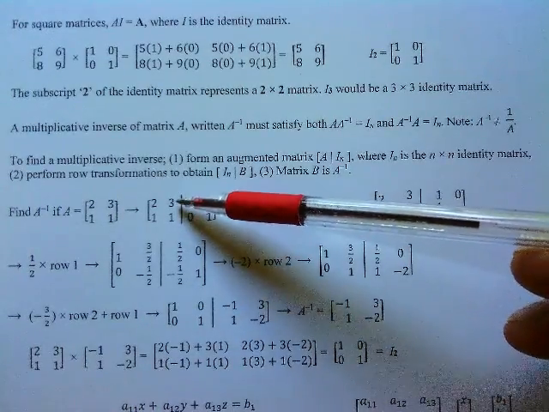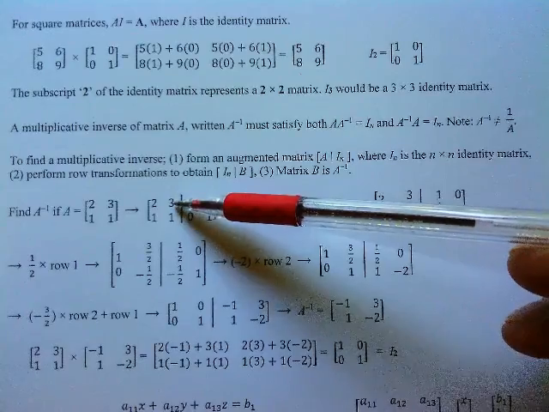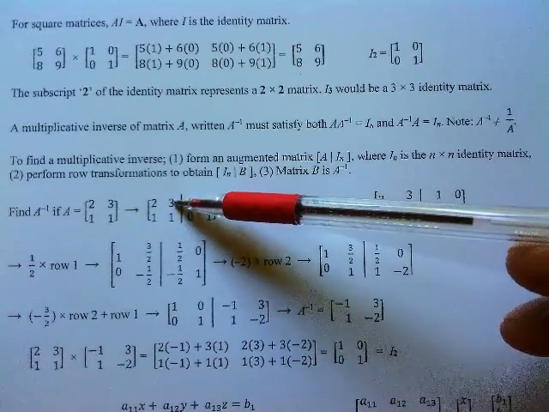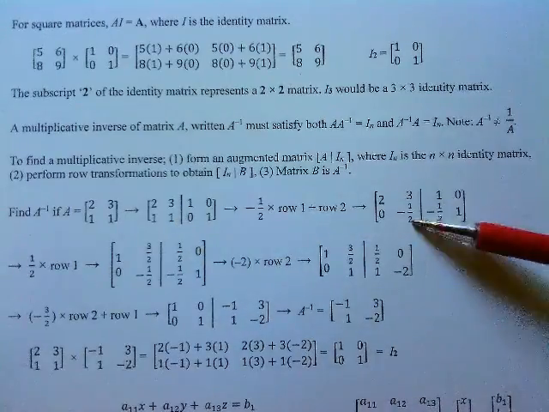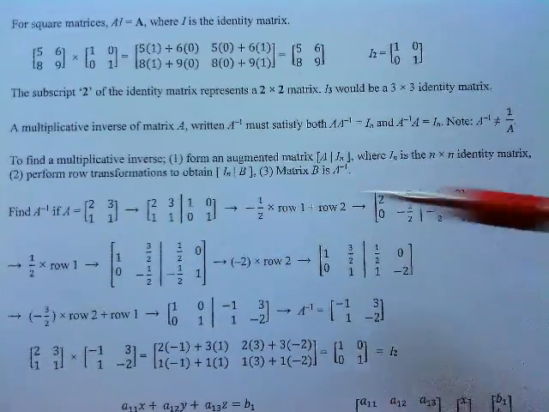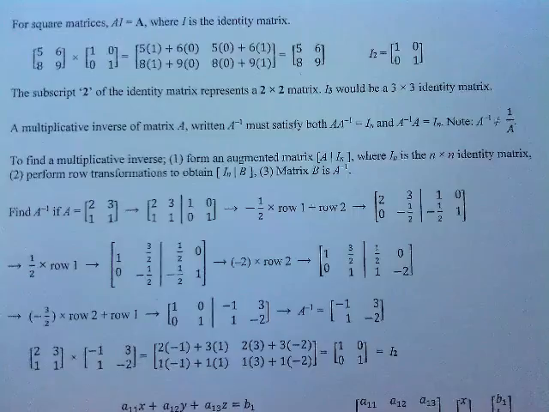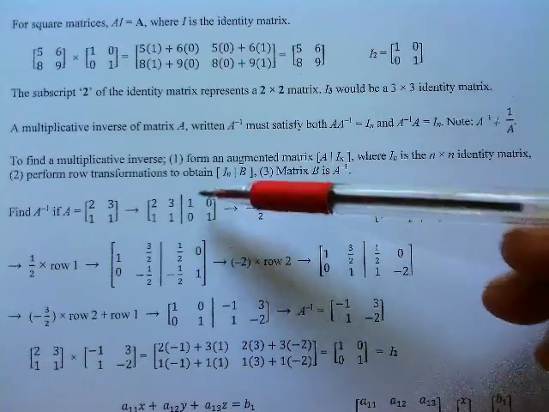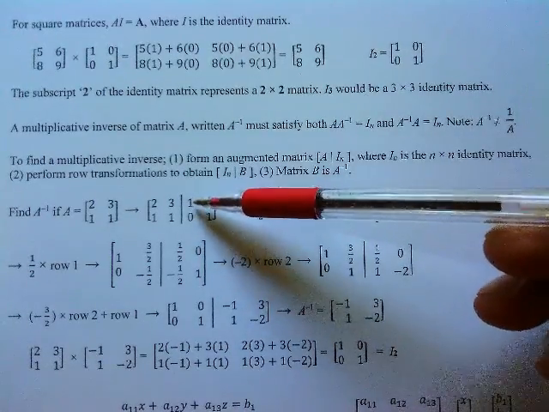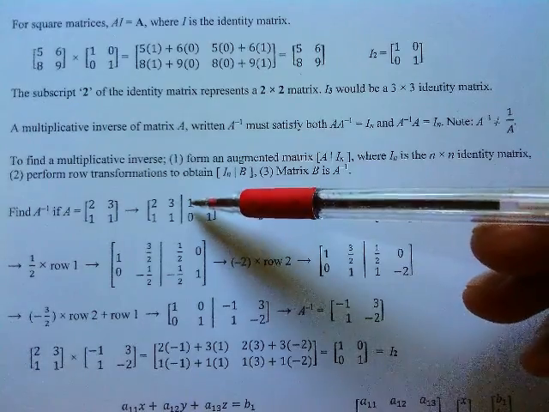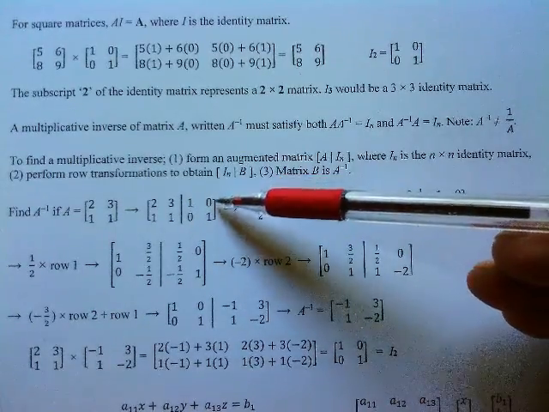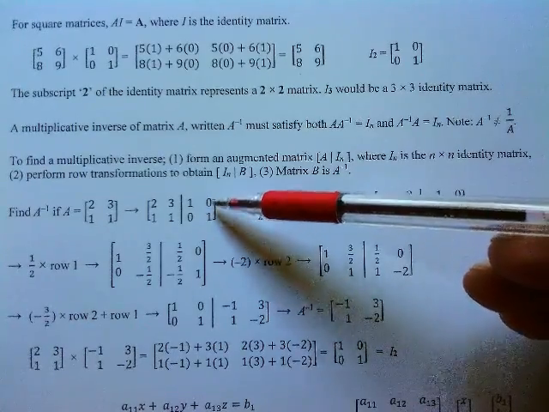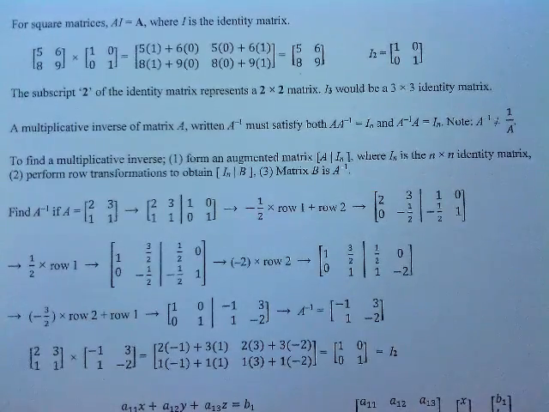Half of 3 would be 3 over 2, but it's negative. -3 over 2 plus 1, which would be 2 over 2, gives us a -1/2. And then we have to also do it on this side as well. -1/2 of 1 is -1/2, plus a 0 gives me -1/2. -1/2 of 0, of course, is still 0, so 0 and 1, that stays a 1.